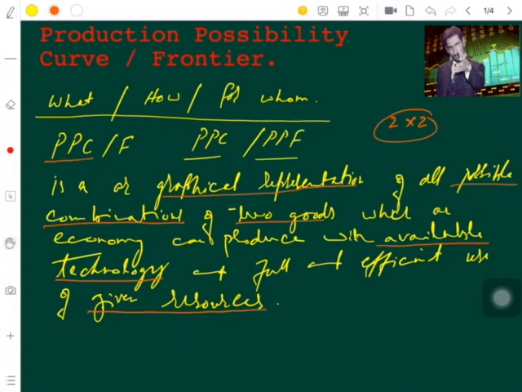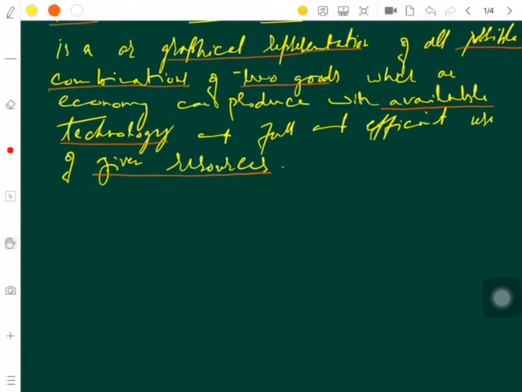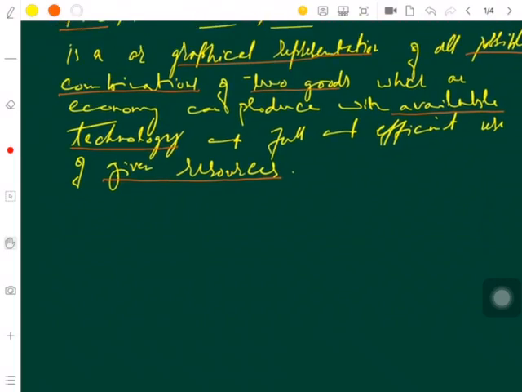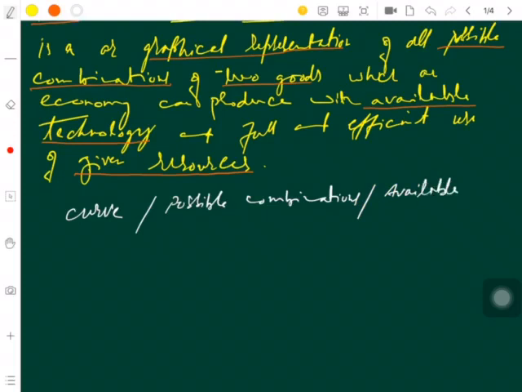So what comes out of this definition? Let us club those things. First, the first and foremost thing is that it is a curve. That means we are talking in graphical terms. Number second, it is going to give us certain possible combinations of two goods. Number third, we have available technology. That means whatsoever is available, we have to work with it only.